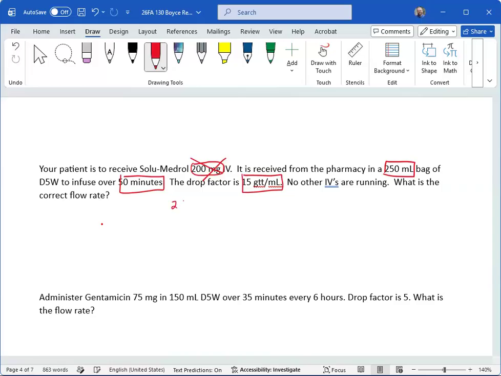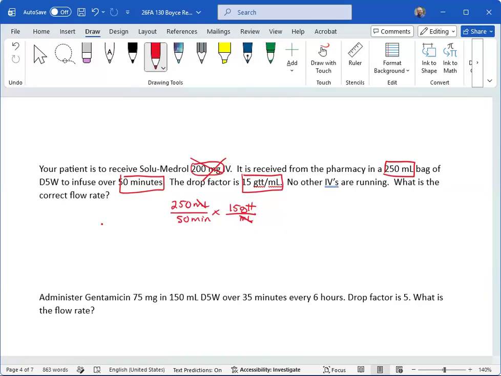I'm going to take my 250 mL over my 50 minutes times my 15 drops per mL. You don't have to write these out the way I do. The main reason I do is just so we can see that we're crossing them out. Sometimes if you accidentally put the mL up here, then you can't cancel them out when they're both in the numerator.